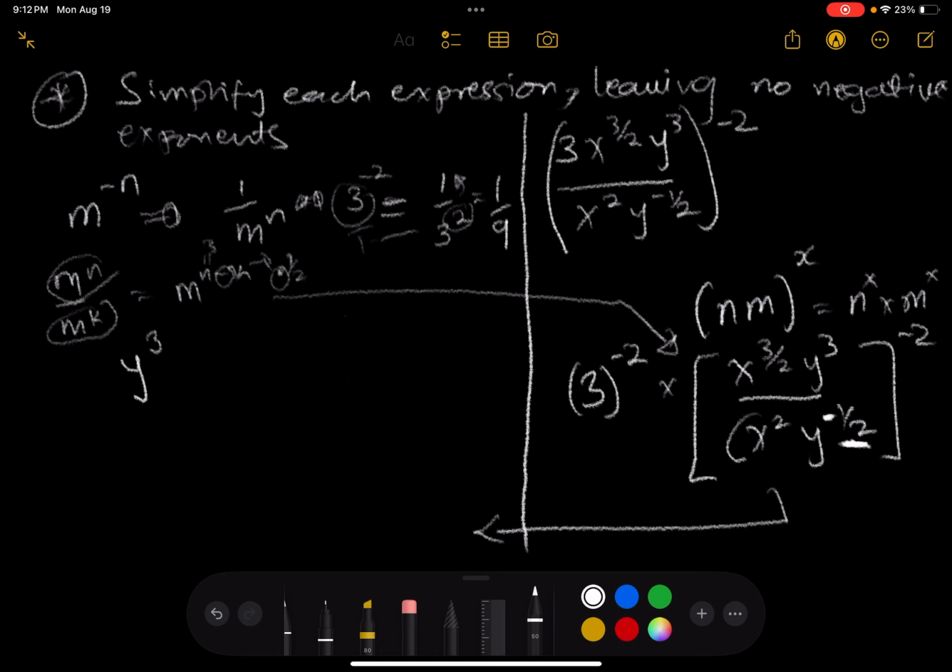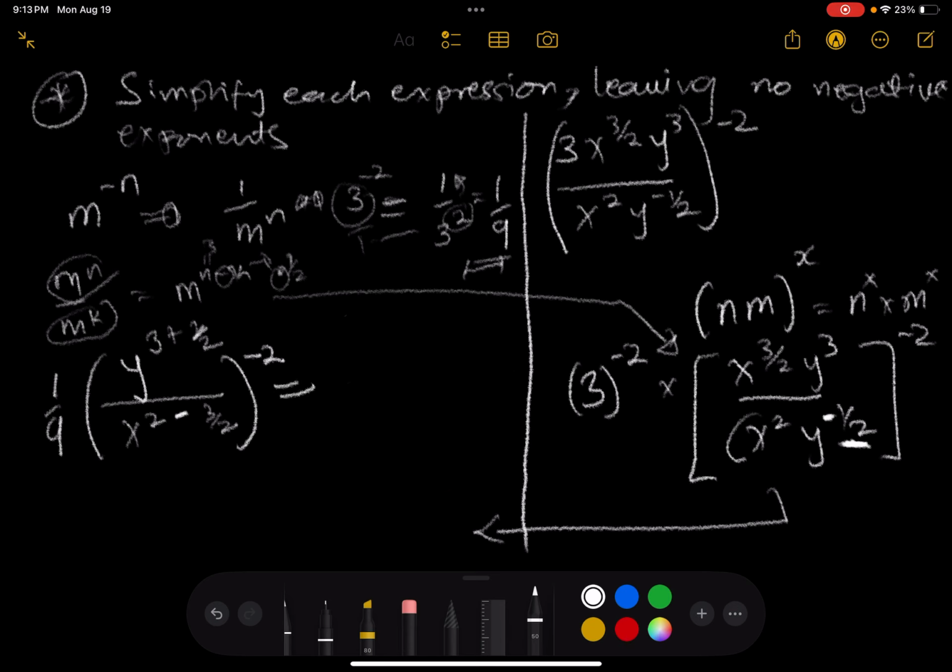So it would be 3 plus 1/2 over x squared minus 3 over 2. Do not forget the 1 over 9 here, which came from the 3. So I would put 1 over 9 there. It has already seen its power negative 2. So now this has power negative 2.